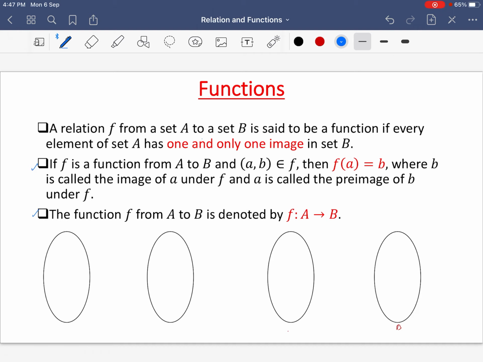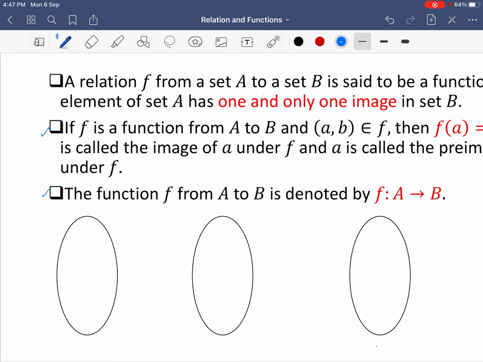when every element of set A has one and only one image in set B. So it means that if I have set A and set B like this, where set A has elements 1 2 3 4 5 and set B has elements 4 5 6 7 8.